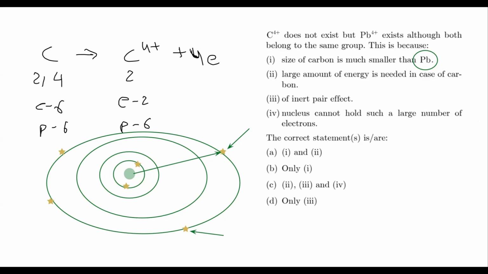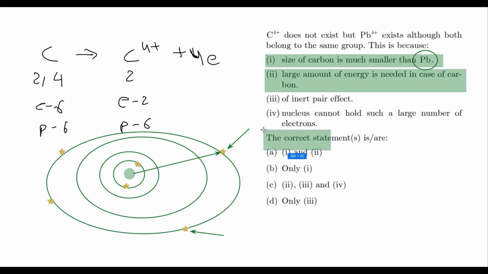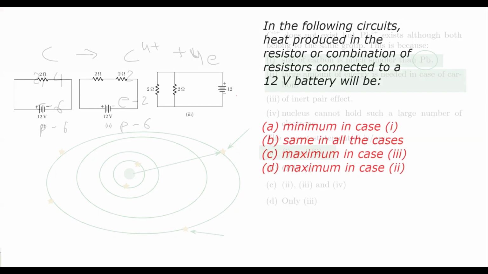So the correct answer should be what? The size of the atom, a carbon atom is small, and a large amount of energy is needed in case of carbon than that of Pb. And that's why the correct option in this case is A, that is 1 and 2.